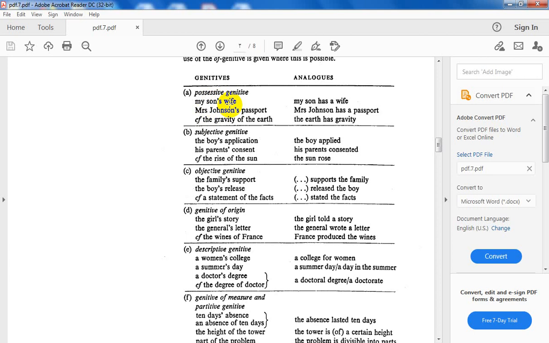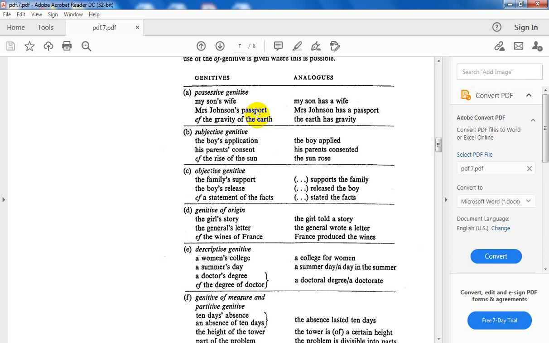Persons. They are connected by the S genitive. Again, I have Mrs. Johnson's passport. Mrs. Johnson is a human person, but passport is not human. It is inanimate. So Mrs. Johnson's has a passport. It is okay.